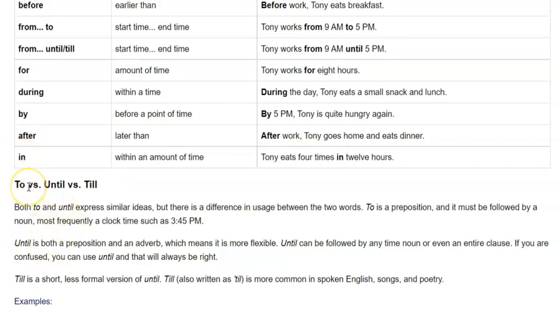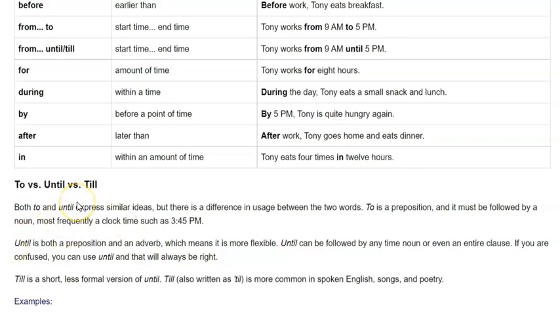You can use to with a specific time, like 3:45 p.m., 6 p.m., 8 a.m. Just like Tony works from 9 a.m. to 5 p.m. Until can be used the same way, but it can be used as a preposition and sometimes as an adverb, so it is very flexible. There is no right or wrong preposition when we use to or until. Both serve the same purpose.